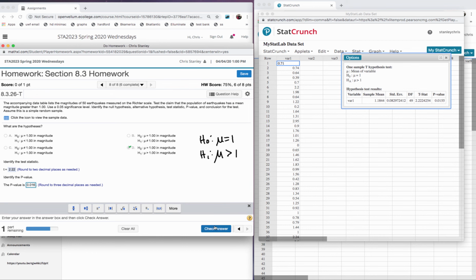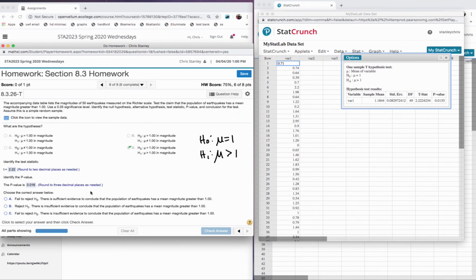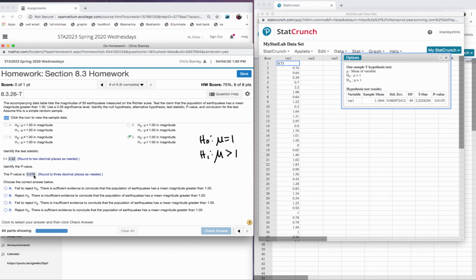Okay, let's make sure I'm good there. Okay, now we have to compare this with our alpha of 5%. So this is 1.6%. This is 5%. 1.6% is less than 5%, so we should be rejecting this null. We should be rejecting this null and thinking that's true.